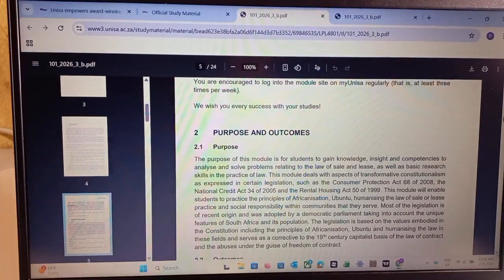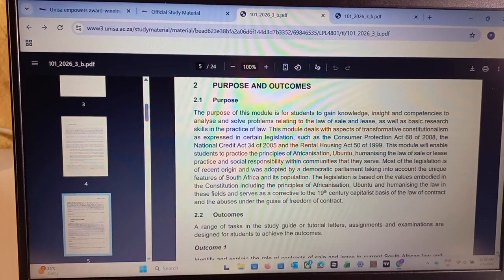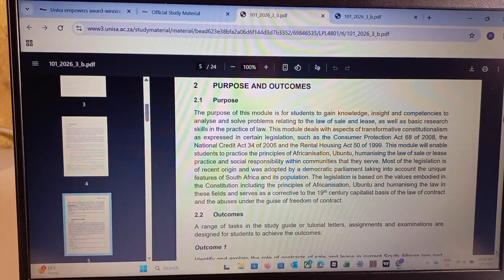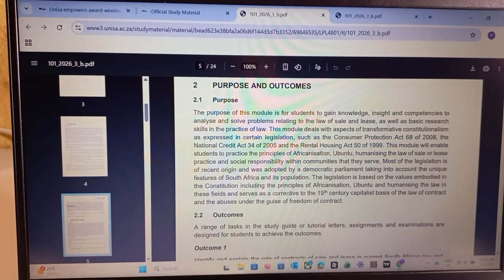Anyway, those are the purpose and outcomes. We have to read that because this applies to this particular module. The purpose of this module is for students to gain knowledge, insight, and competencies to analyze and solve problems relating to the law of sale and lease, as well as basic research skills in the practice of law.